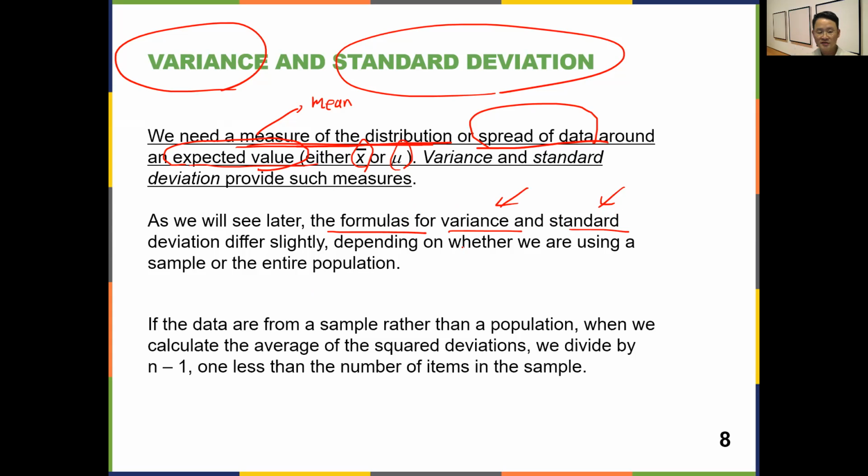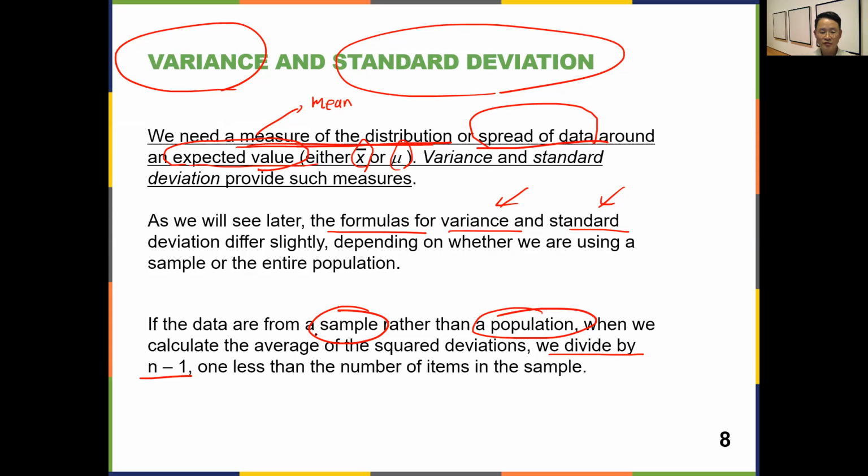Okay, and we are about to see the formula for the variance and the standard deviation. But for the sample and for the population, we are going to use a slightly different formula for both variance and standard deviation, and that difference is described here.